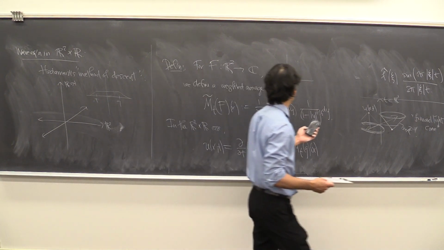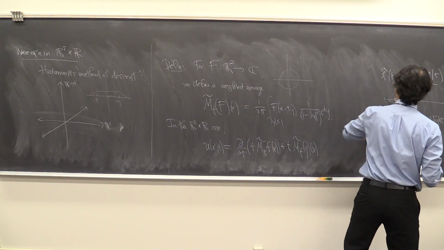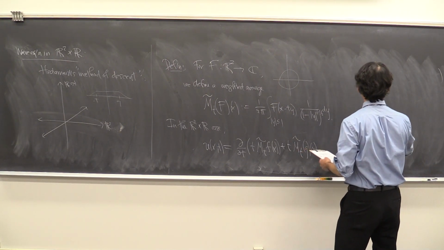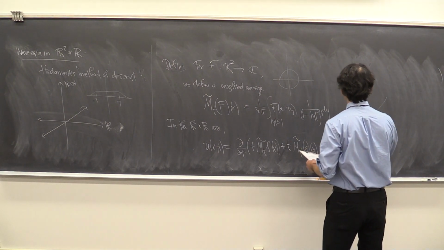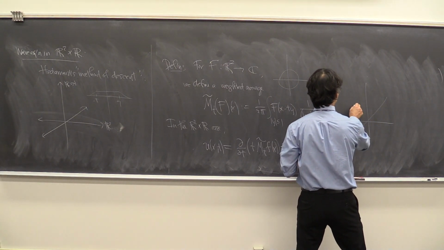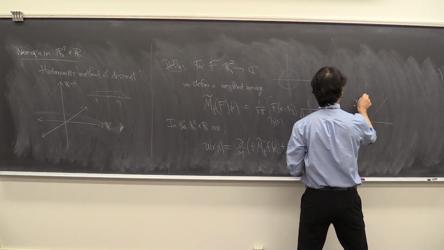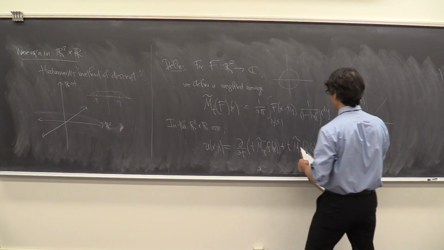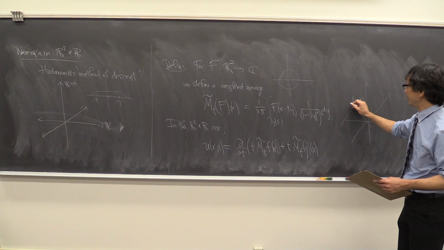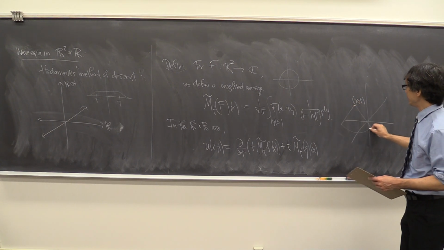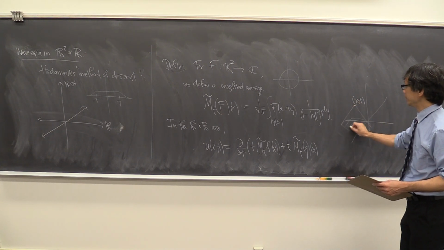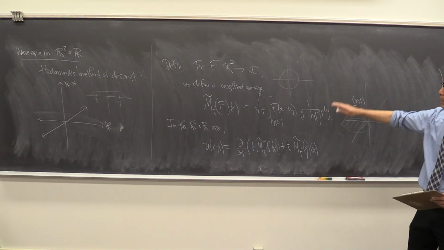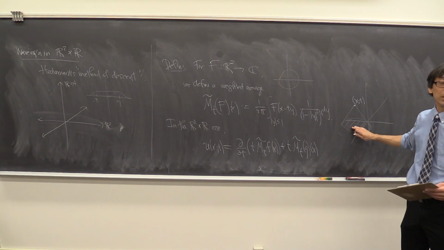So the situation is a little bit different. If this is our point (x, t), then the value of the solution at this point is going to depend on the entire disk here, because you're taking the weighted average over this disk.